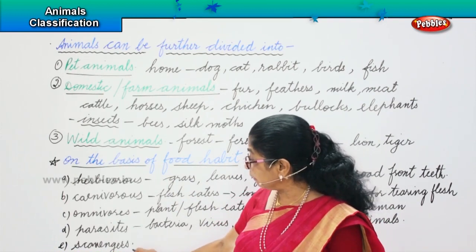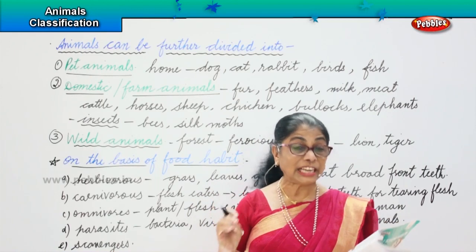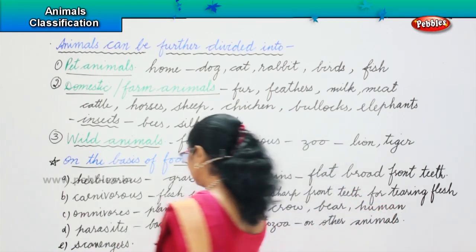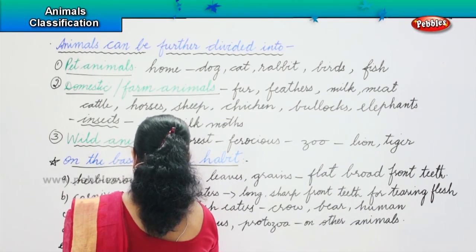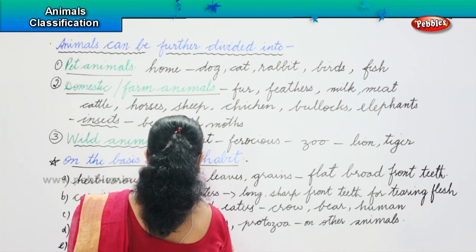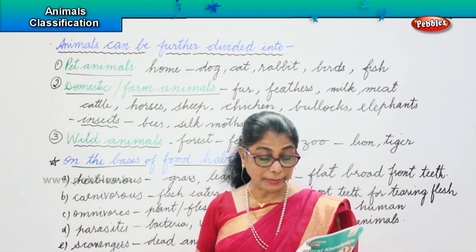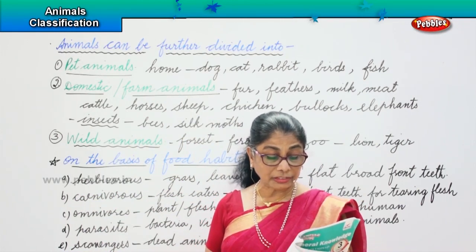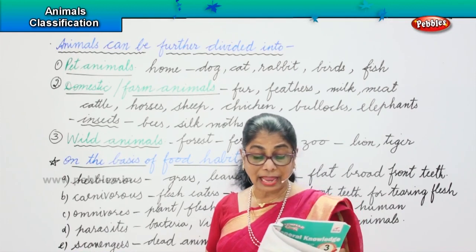Now finally we have scavengers. Animals that feed on the flesh of dead animals. So these scavengers eat dead animals. Animals that eat flesh of dead animals, they are called scavengers. All right? Vultures are scavengers.